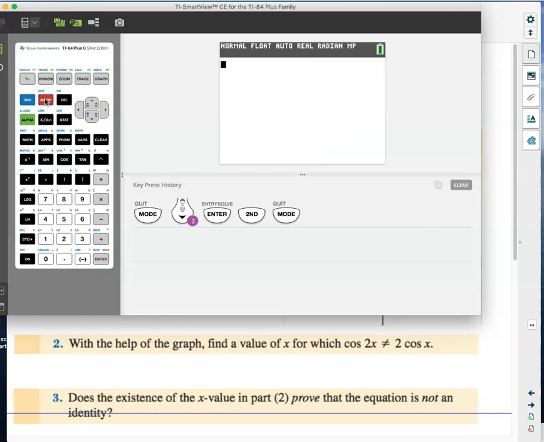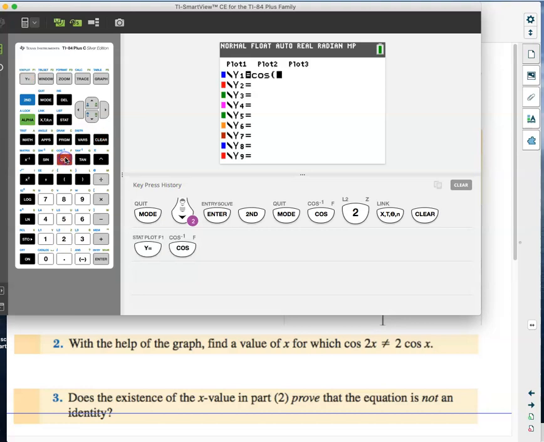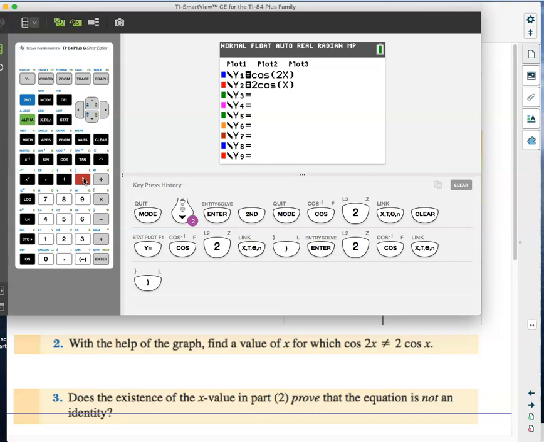And we had cosine 2x on one side. Oops, and I'm not in the y equals. There we go. And then on the other side, basically saying, it doesn't matter where the 2 goes. Put the 2 wherever you want. It'll be the same. Well, we should already know that's not true.